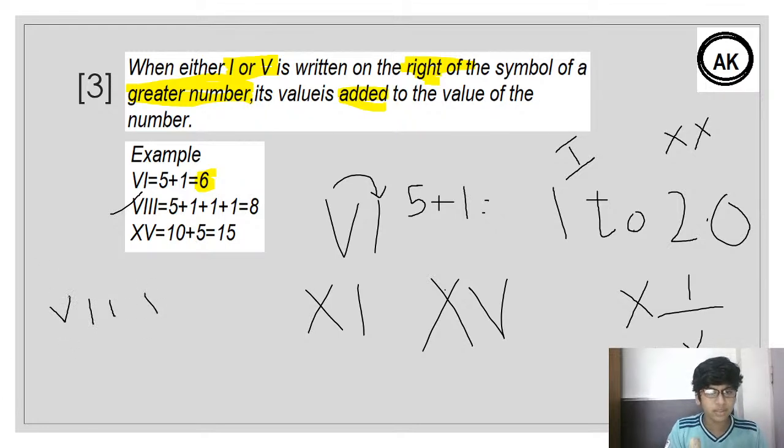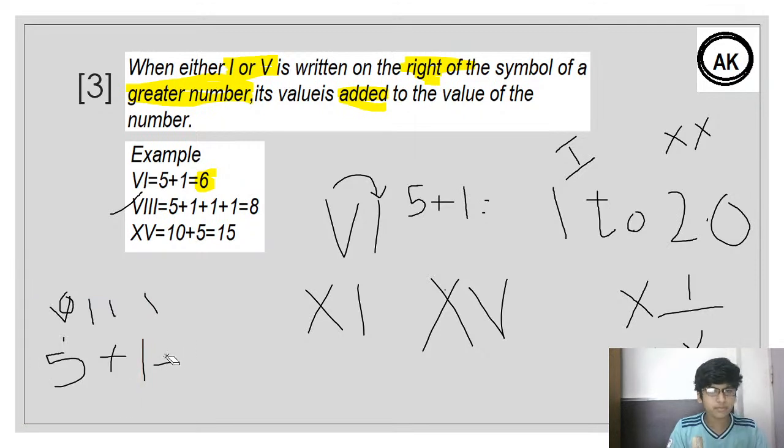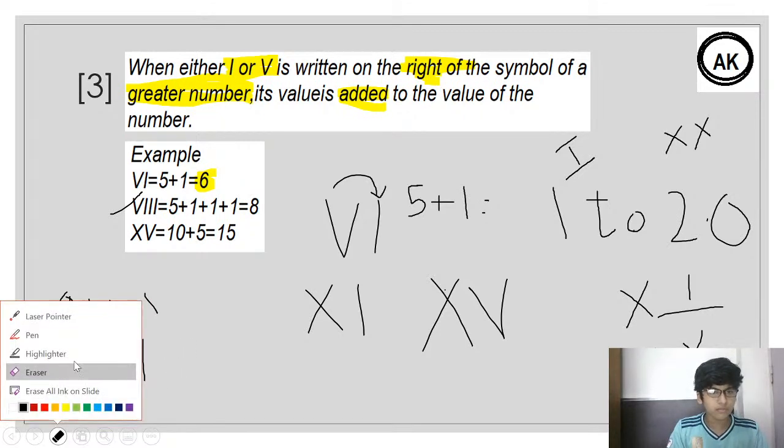So the number becomes 5 plus 1 plus 1 plus 1.